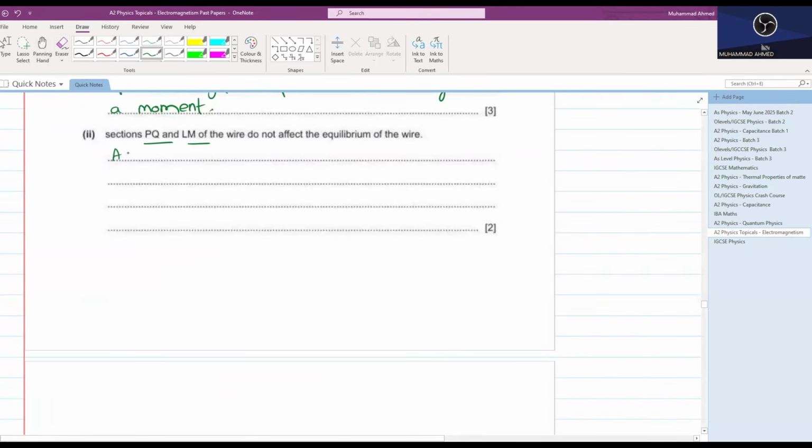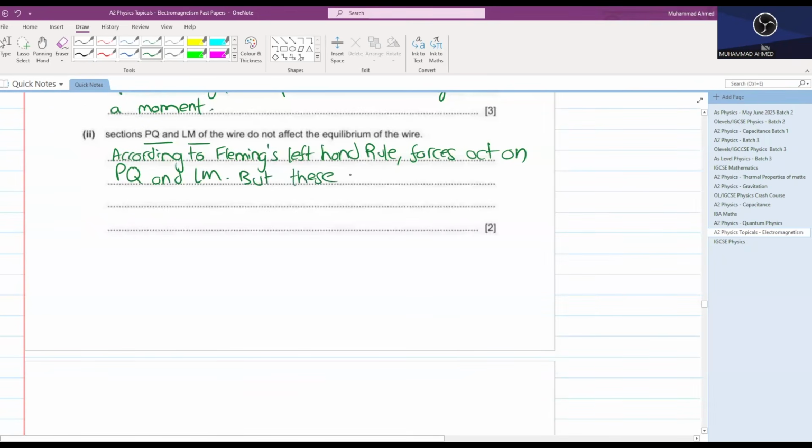You can again write here, according to Fleming's left hand rule, forces act on PQ and LM. But these forces pass through the pivot.